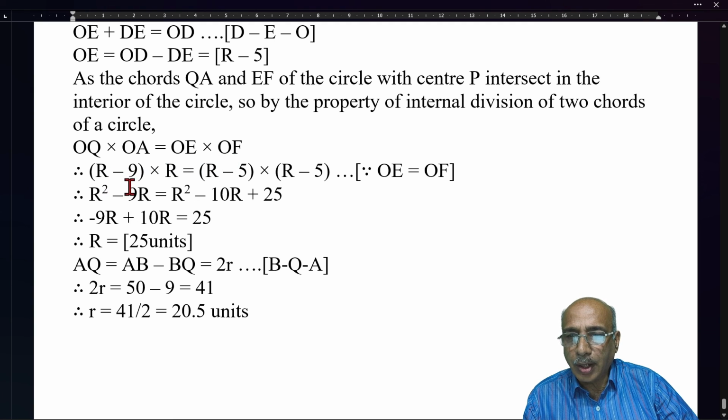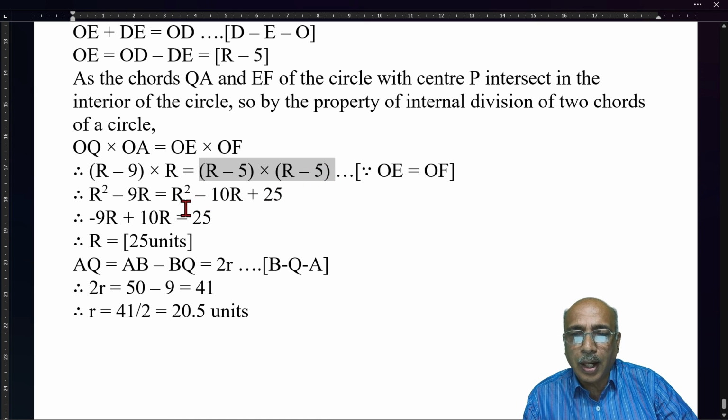Substitute the values: R minus 9 into R equals R minus 5 into R minus 5, as OE equals OF. Simplifying, R square minus 9R equals R minus 5 whole square, that is, expanding, R square minus 10R plus 25.